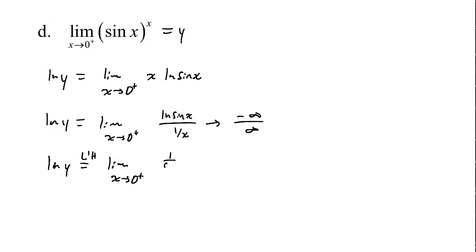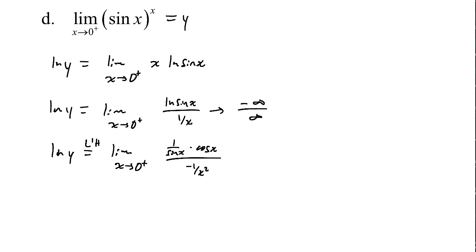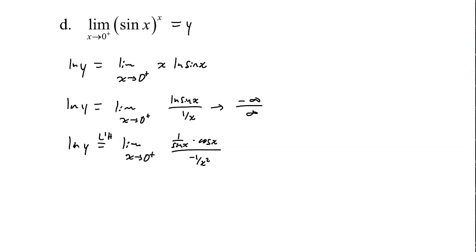So 1 over sine times the derivative of the inside all over negative 1 over x squared. And if I plug in 0 now, it should be 0 over an infinity, which I don't really like, but let's rewrite this and kind of think about these things again. And I can rewrite this.